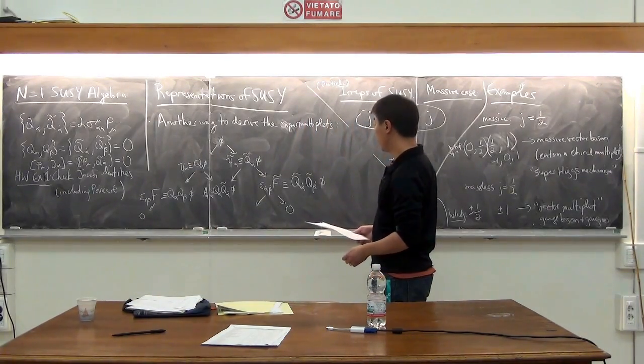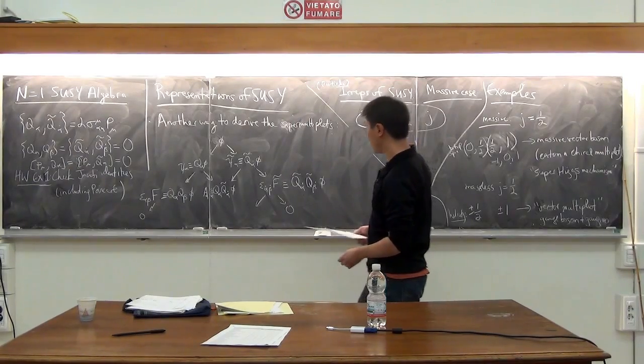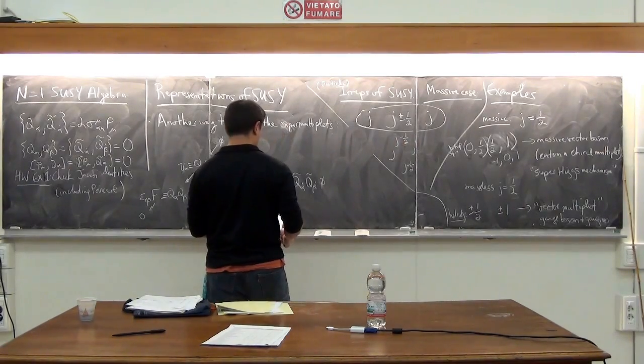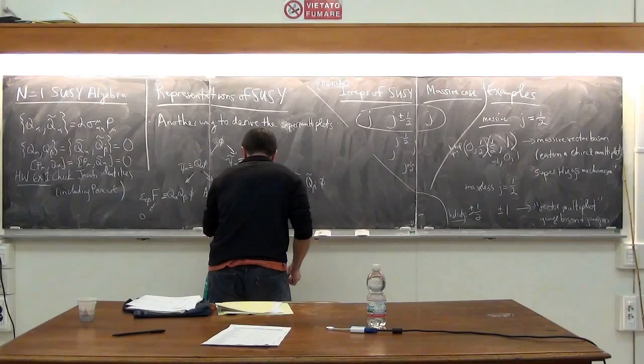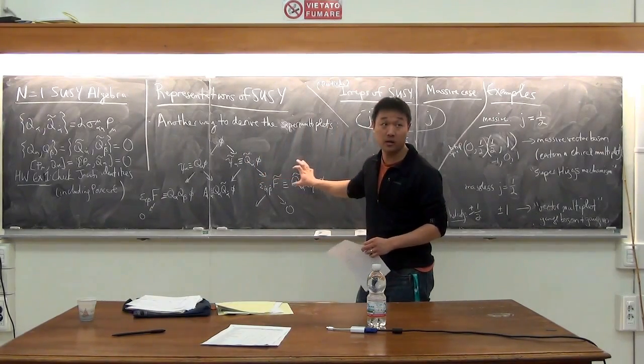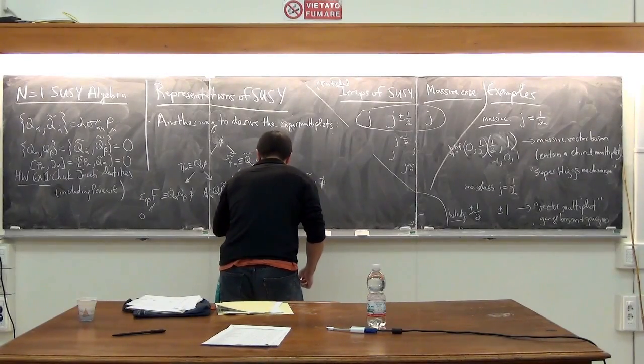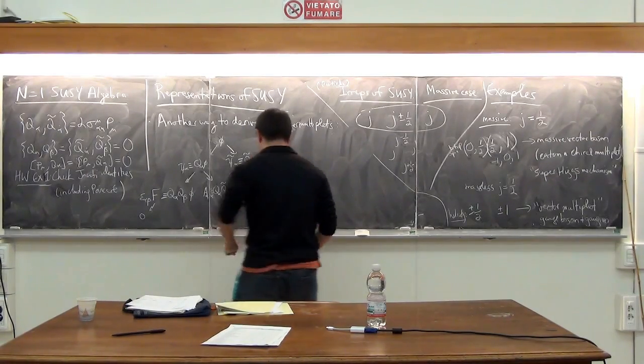Going in this way, I'm either going to get back psi alpha dot, the derivative of that, or I can get back something new, call this thing eta alpha dot.